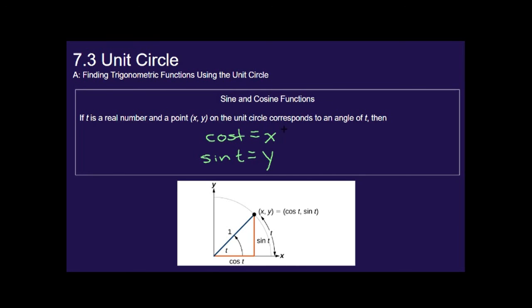So that's what we showed on the previous slide, but now we're just formalizing it as the definition of sine and cosine functions related to the unit circle. And so here we can see this is the same thing that we drew out before. So our x and y coordinates of this point at the intersection of our terminal angle with the unit circle could also be written as cosine t, sine t. Okay, so keep that in mind.